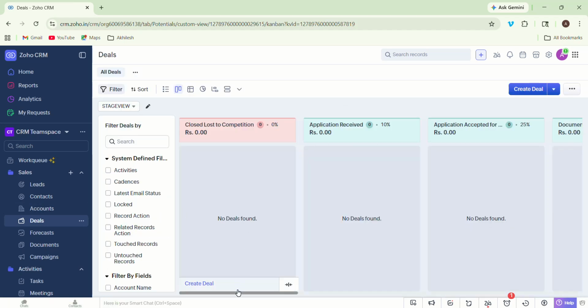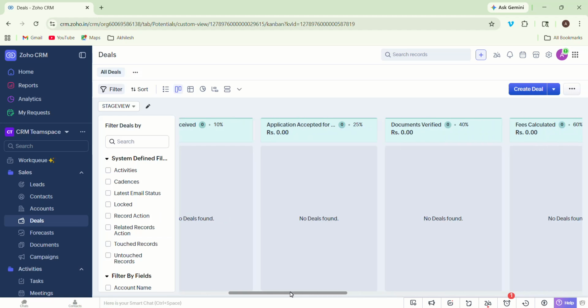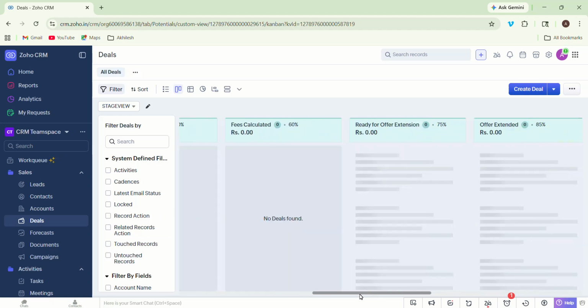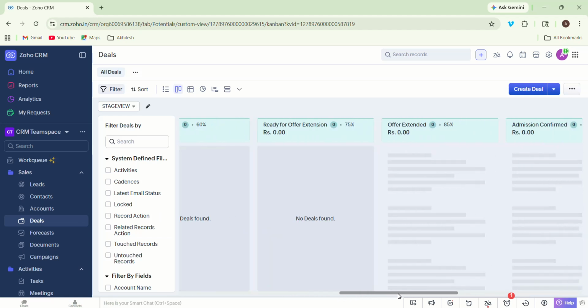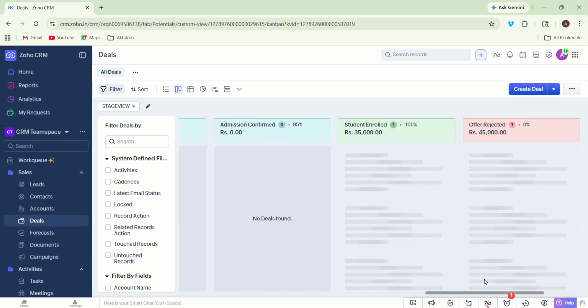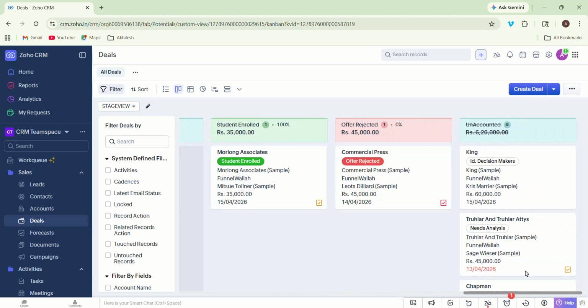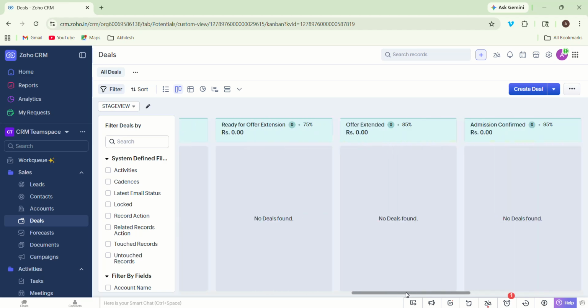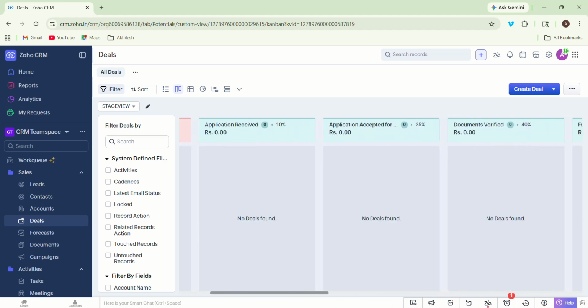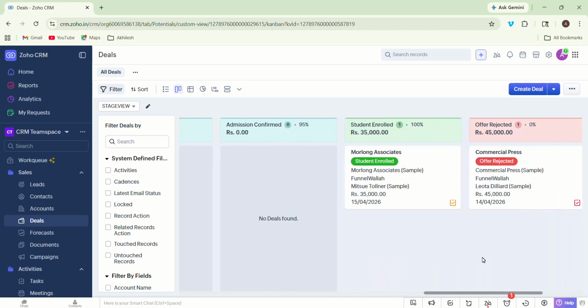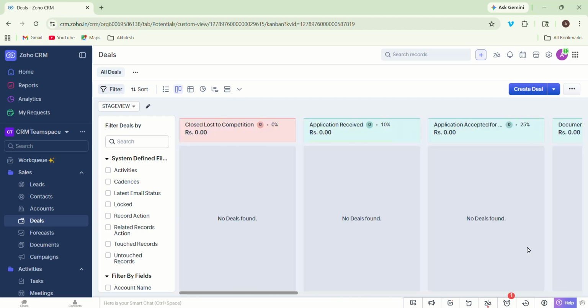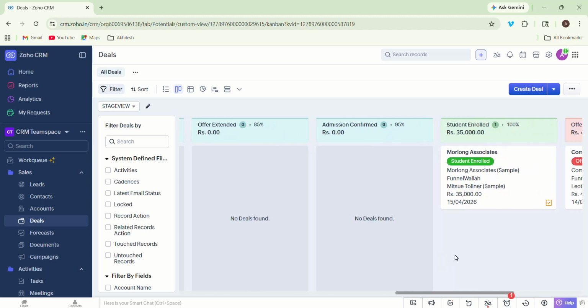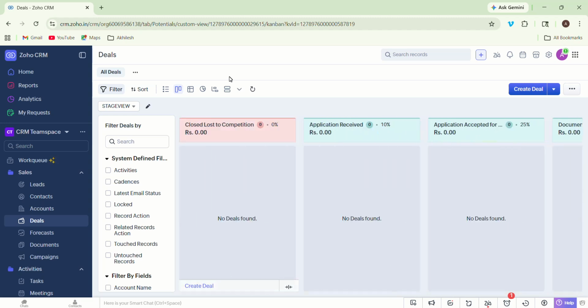So this I have kept first. I should have changed it to another level, but have a look at this. As there is no revenue realized in multiple places, you can see this. We will move this later to the last stage. Okay, now we are viewing the new pipeline.